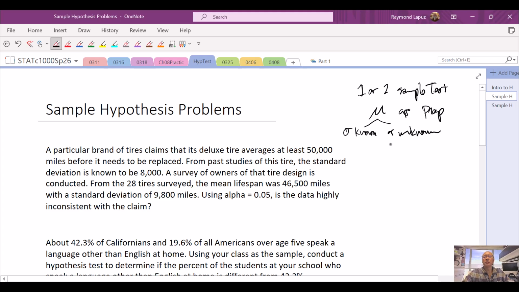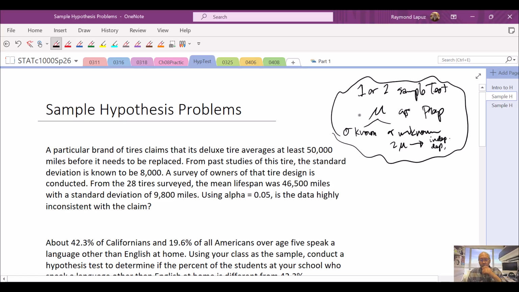And if it's a 2 sample test of means, we have to determine if this is independent or dependent. So here are the handful of questions we're going to ask ourselves, and from there we should be able to tell what kind of test we're going to do and which distribution to use. Let's get started with the first one.